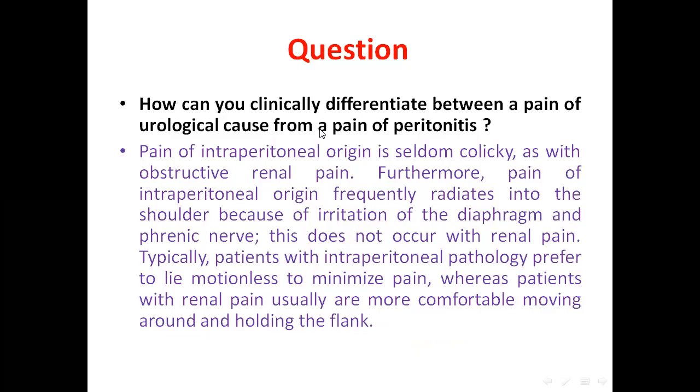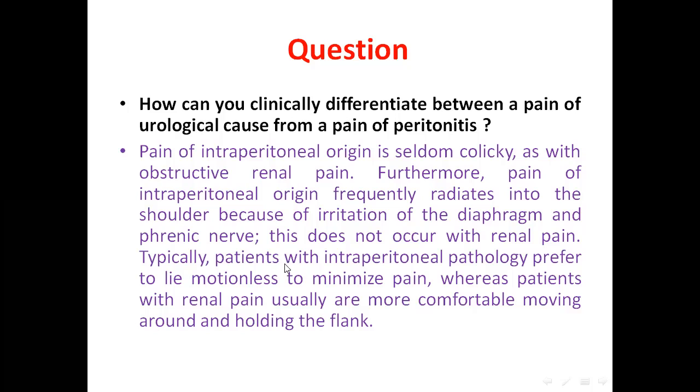How can you clinically differentiate between a pain of urological cause and a pain of peritonitis? Pain of intraperitoneal origin is seldom colicky, as with obstructive renal pain. Furthermore, pain of intraperitoneal origin frequently radiates into the shoulder because of irritation of the diaphragm and phrenic nerves. This does not occur with renal pain.